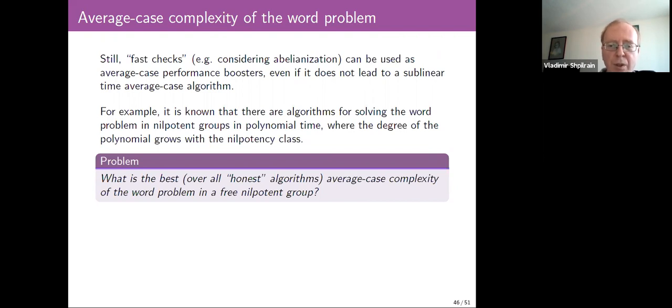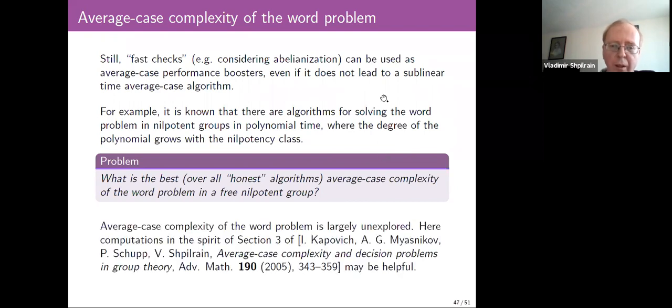So can we use this complexity booster, the fast check, the abelianization check, to bring down the complexity of an honest algorithm in a free nilpotent group? In a free nilpotent group of class C, the standard algorithm for solving the word problem is polynomial, and the polynomial has degree C, where C is the nilpotency class.